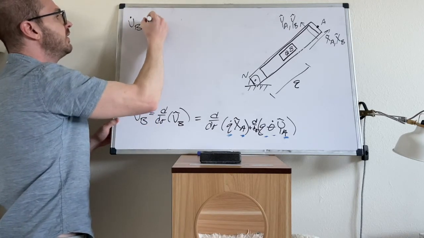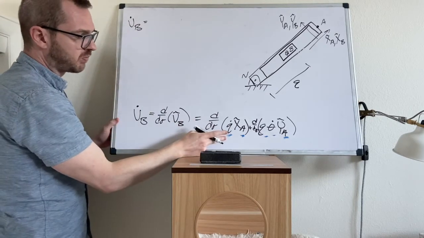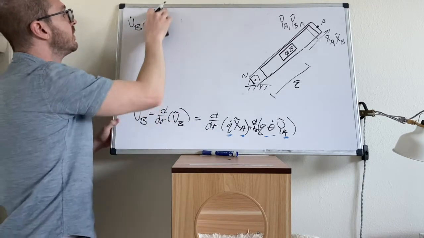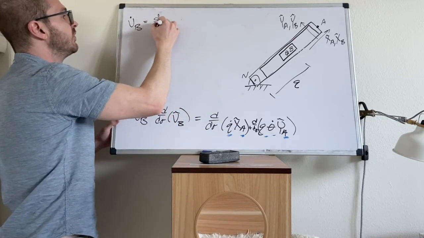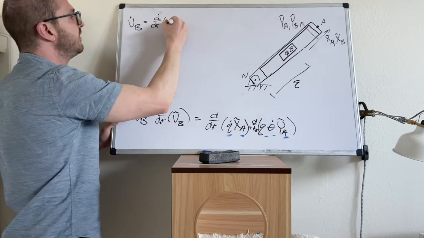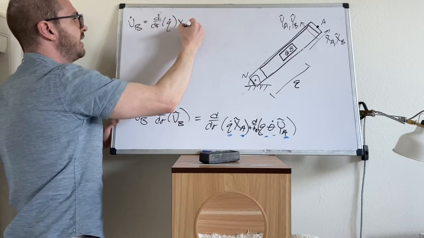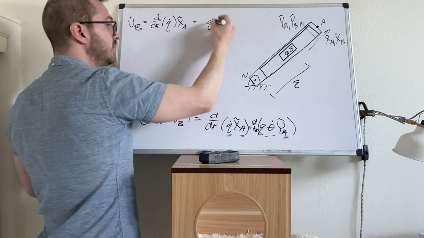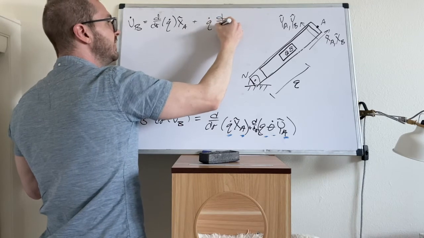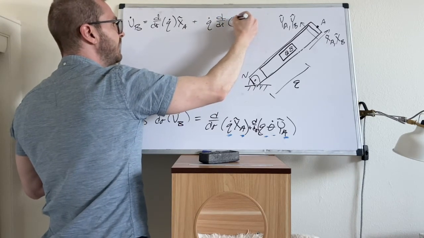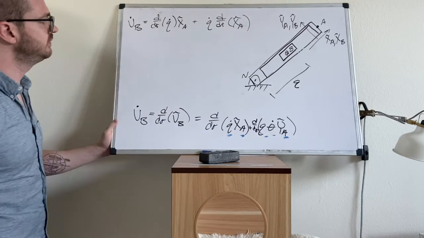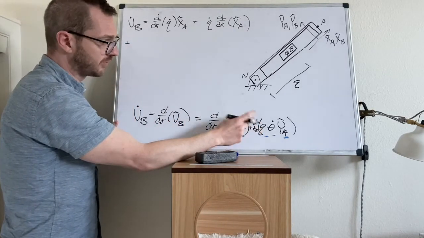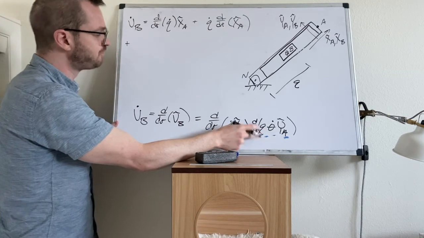VB dot equals. So the product rule expansion for the first term, we'll take it slow and do the full thing. So ddt of Q dot x hat A plus Q dot ddt of x hat A. Next, plus. So now moving on to the second term. This one's going to yield 3.